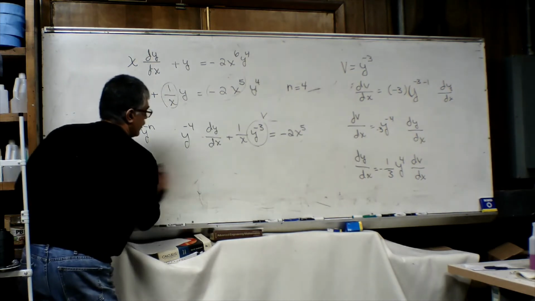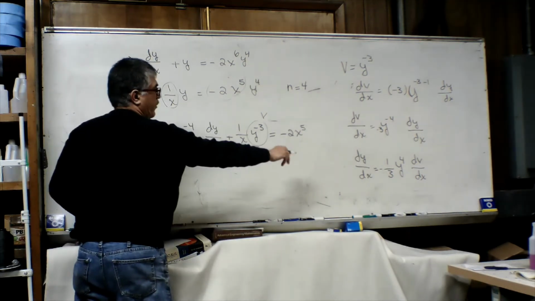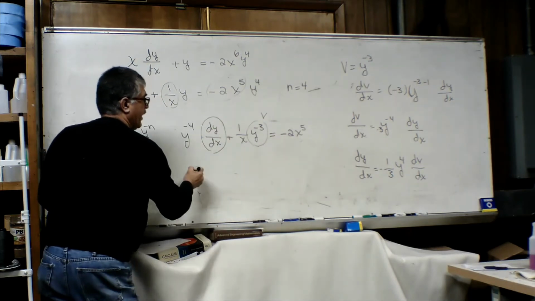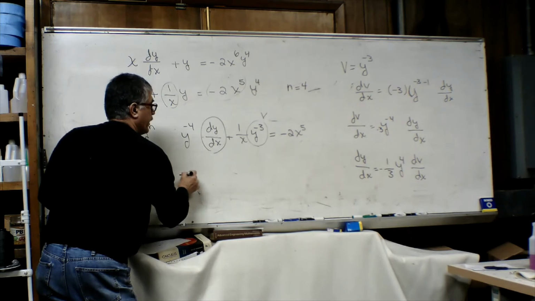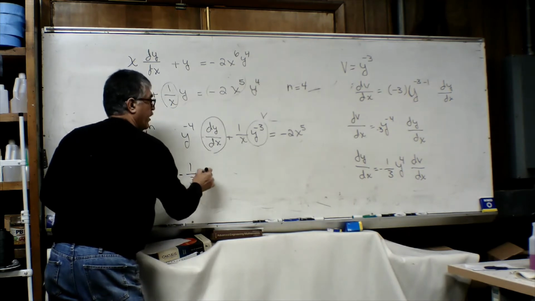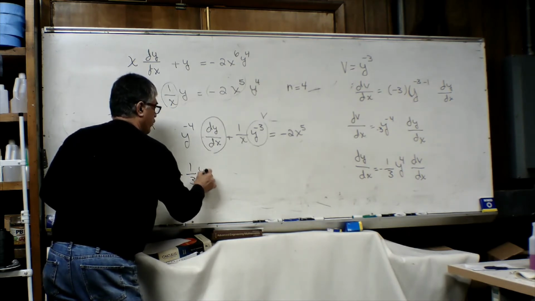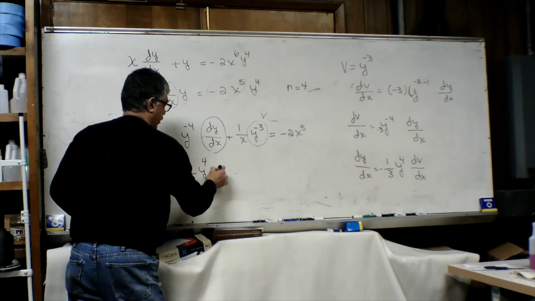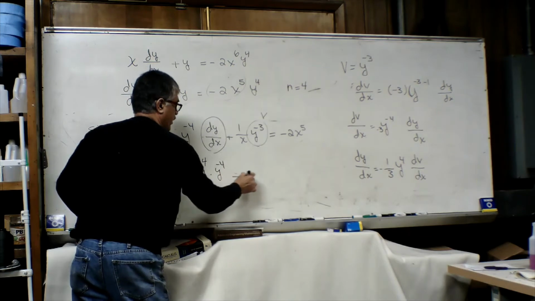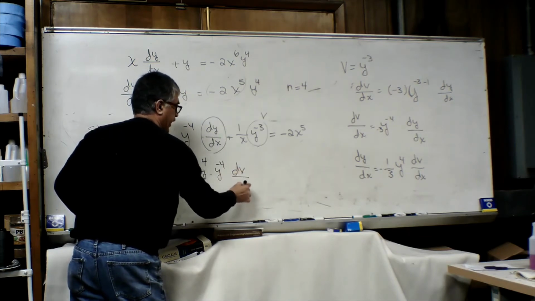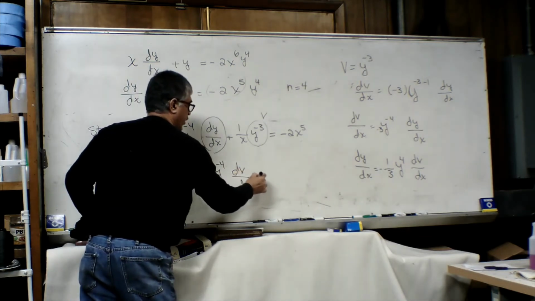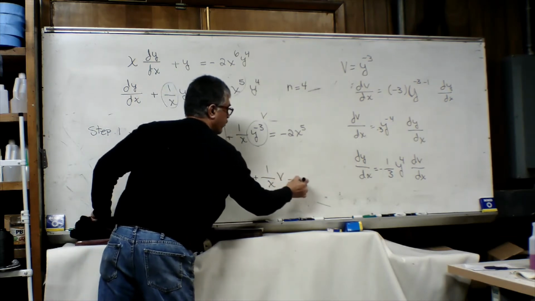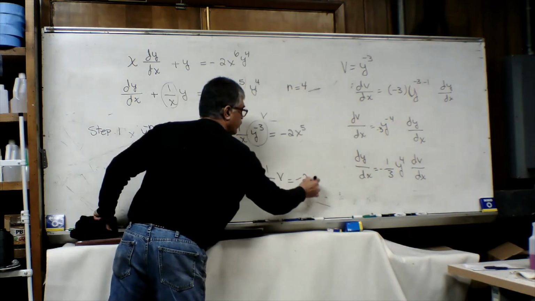If we put the value of dy/dx, we are going to have minus 1 over 3 y to power 4 times y to power minus 4 dv over dx plus 1 over x v will be equal to minus 2x to power 5.